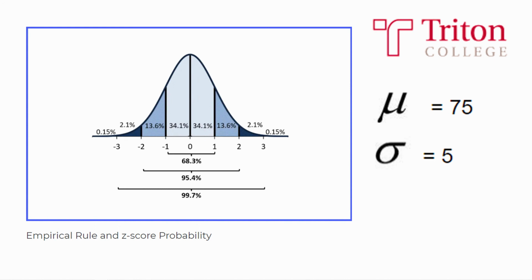So let me expand this a little bit more. And again, notice I'm having you think in general terms here. Let's just say we get a student that gets a test score that is more than 3 standard deviations below our mean. So again, I'm not putting a number on it. I'm just looking at the standard deviations here. So more than 3 standard deviations below our mean is 0.15%.